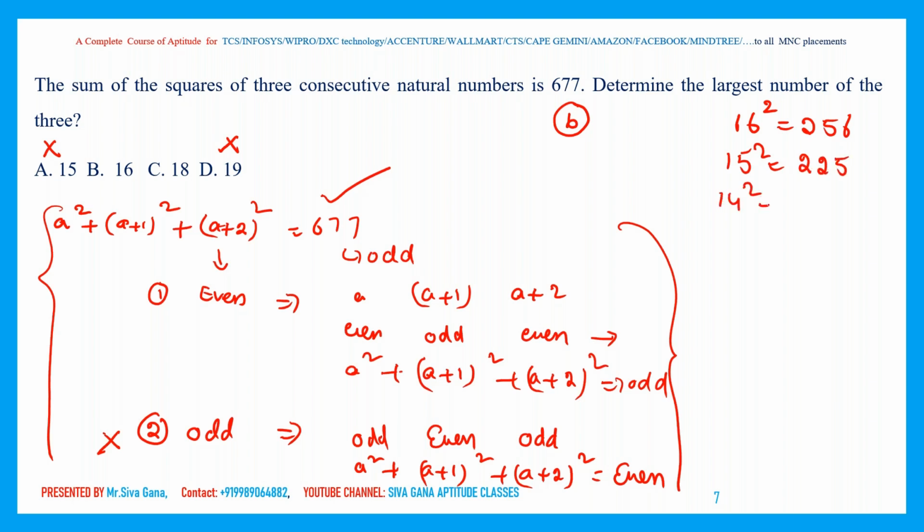Before this, 14 squared is 196. The sum is 677, we got it. So the largest is 16. There is no need to waste time checking option A, then B, then C, then D. Here we went straight to option B, the largest is 16.